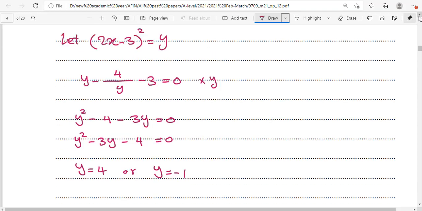Then we solve them. Where? Here. We use this again. So y is 4. It means 2x minus 3 squared is equal to 4. So to get rid of this power 2, we square root both sides. Then this power 2 will go away.